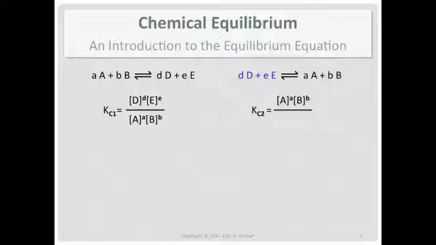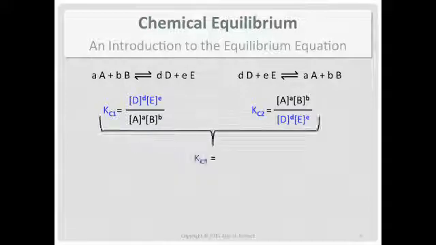And the reactants, they're still going in the denominator. Now look at these two mathematical equations. How are they related to each other? How is Kc1 and Kc2 related to each other mathematically? They're reciprocals of each other.